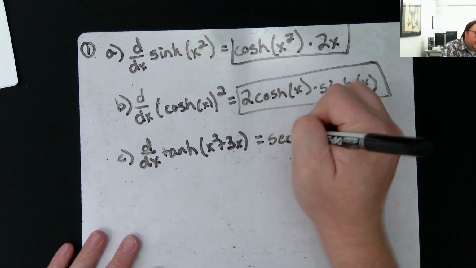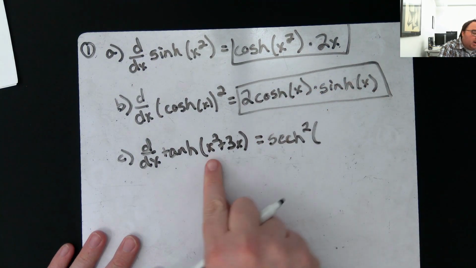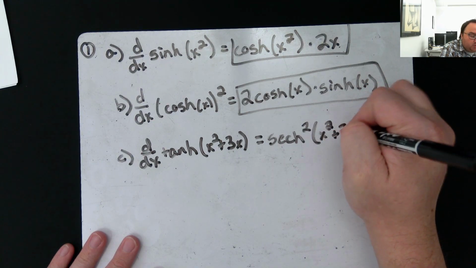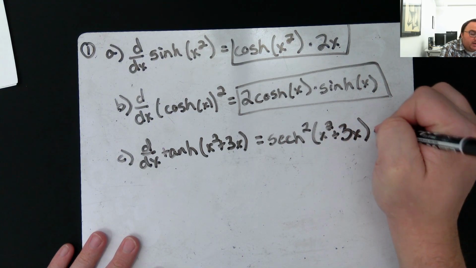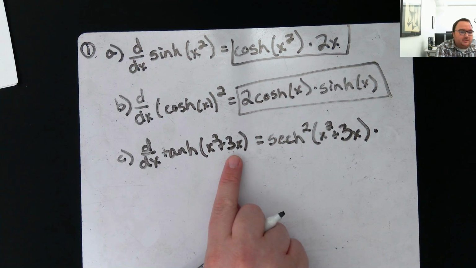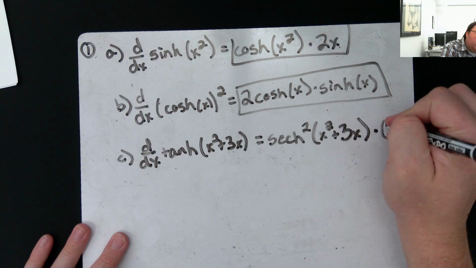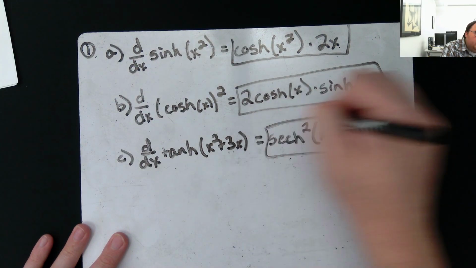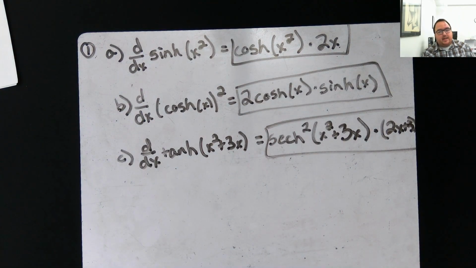So hyperbolic secant squared of, leave the inside part, but then by the chain rule, I have to times that by the derivative of this part. The derivative of x squared plus 3x is 2x plus 3. Remember to put parentheses, otherwise it isn't right. So once again, this is just using the chain rule, just like we did a lot of in section 2.7.